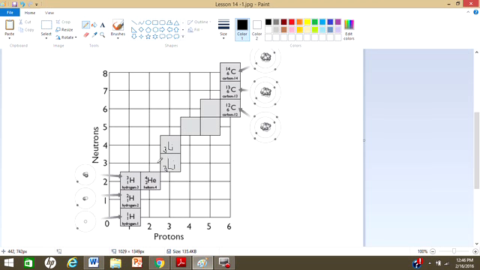So for this one, there's 3 protons and 3 neutrons, so atomic mass will be 6. That so doesn't look like a 6. Oh well, you get the drift, right? I'll try to take it out of there. I'd probably be better off typing in there. That's better. And then this one's 3 protons and 4 neutrons, so this is lithium 7.